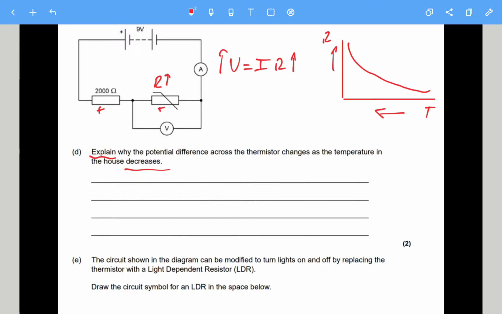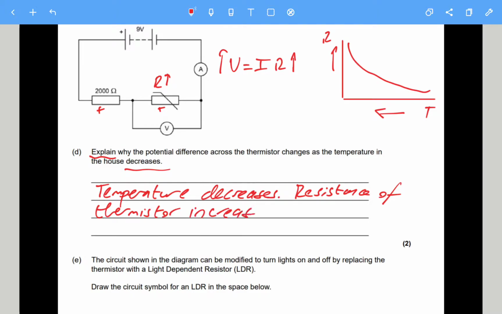So we could say something like: when the temperature decreases, the resistance of the thermistor increases, which means it will require a larger voltage share.